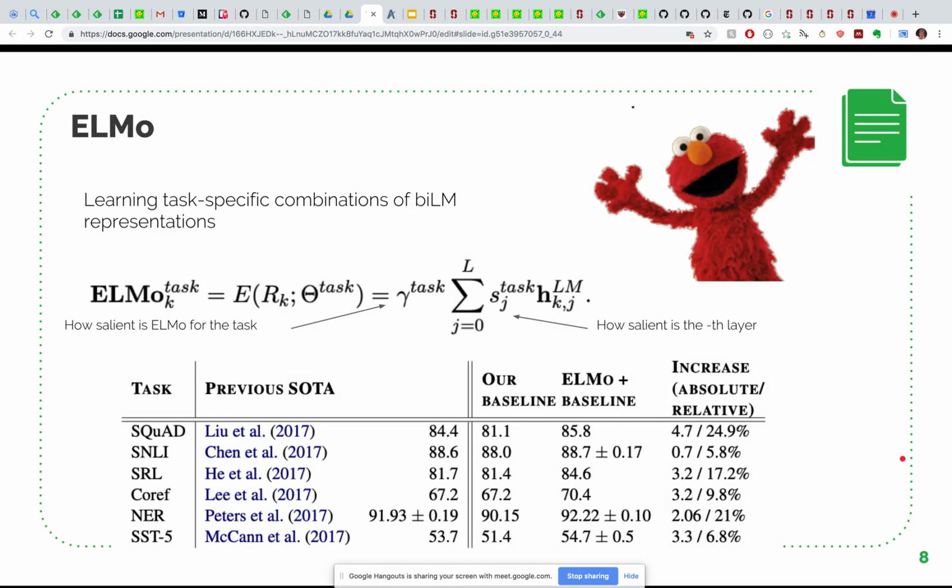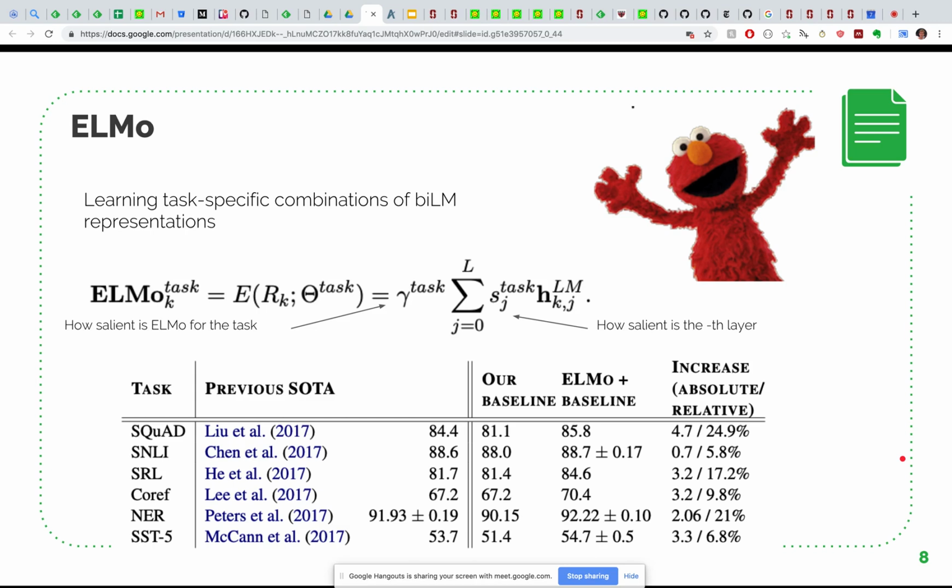The difference is that the language model has several layers, and just as in computer vision, where we saw in ImageNet and other competitions that different layers captured different levels of information, this is similar in natural language processing.